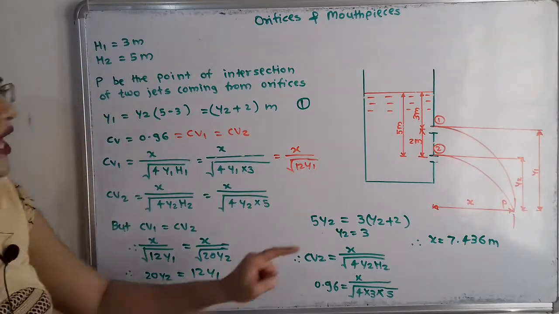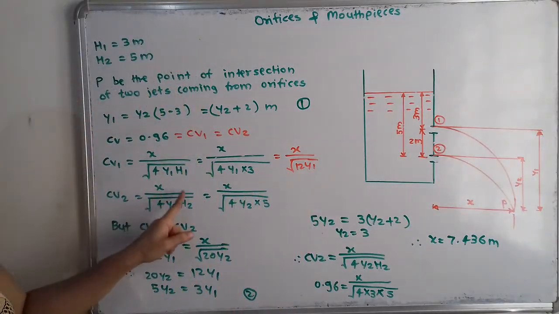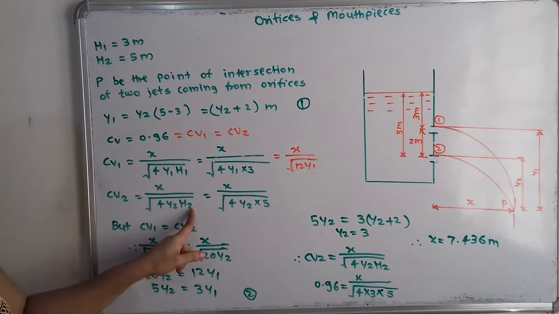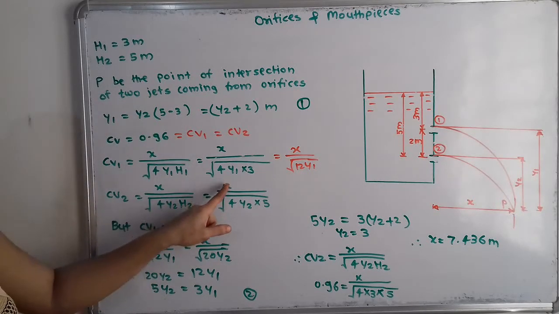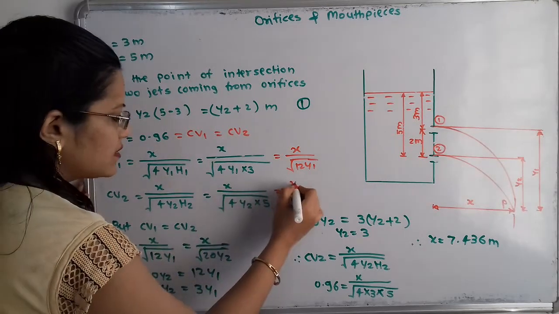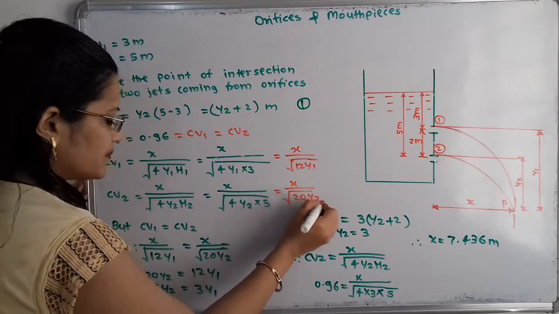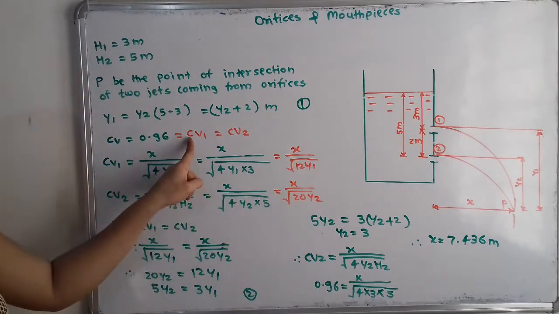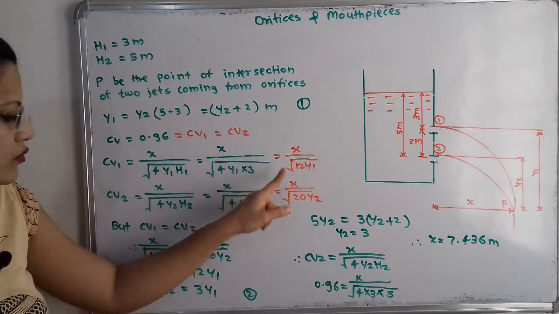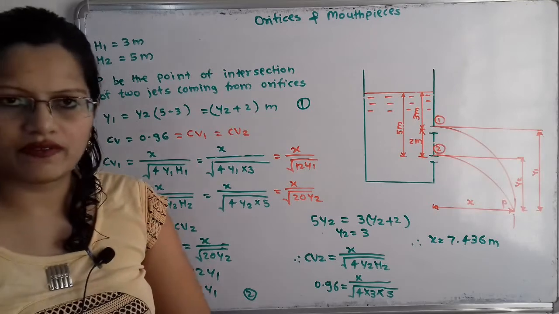Now how to calculate CV2? For orifice 2, it is x divided by the square root of 4 y2 h2. Here h2 is 5 meters, so x divided by the square root of 4 y2 into 5, which is x divided by the square root of 20 y2. But CV1 is equal to CV2, so we equate these two values: x divided by the square root of 12 y1 is equal to x divided by the square root of 20 y2.